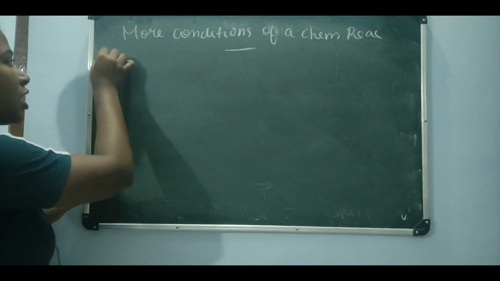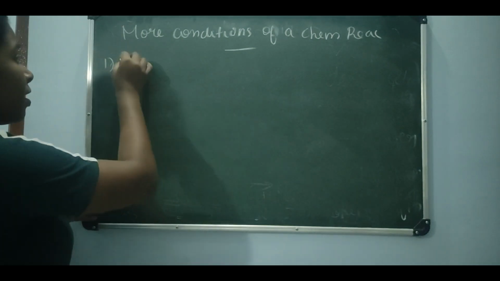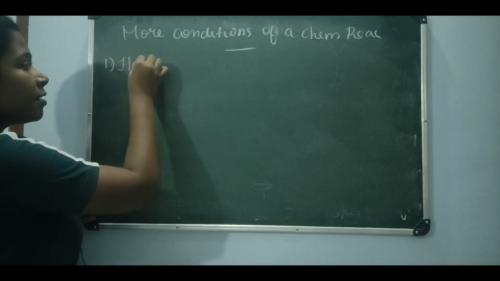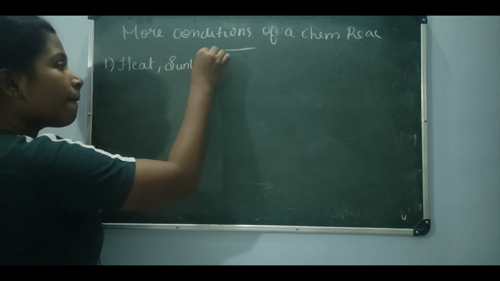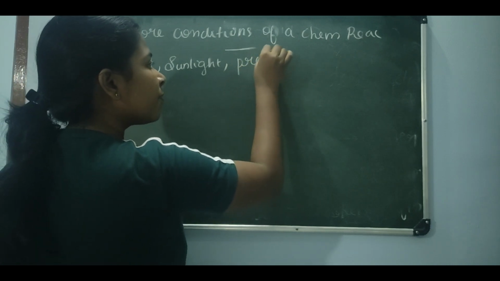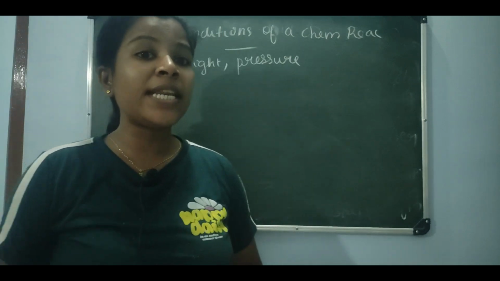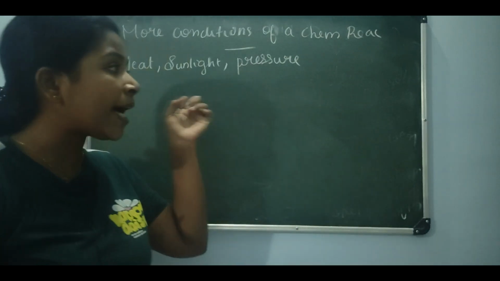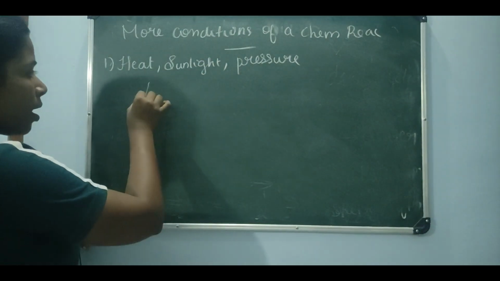Okay, first one. There can be the effect of heat, sunlight, pressure, etc. This means a chemical reaction can be influenced by these factors. For example, let me show you.